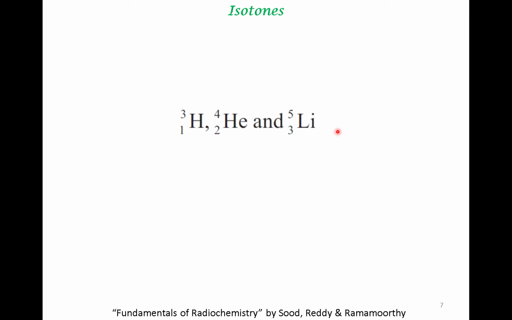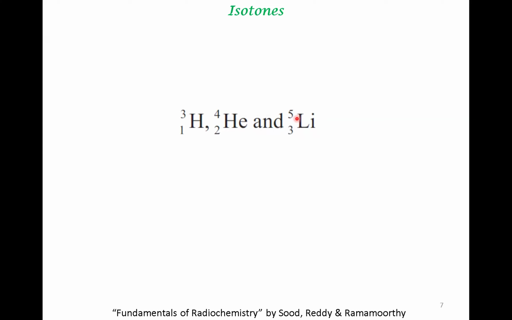Then you have isotones. Here you have three different elements, hydrogen, helium, and lithium, but all of them have two neutrons: 4 minus 2 is 2, 5 minus 3 is 2. So all of these have the same number of neutrons but different numbers of protons. If you look at the nucleus, the repulsive interaction between the protons is going to increase, but the number of neutrons is the same.